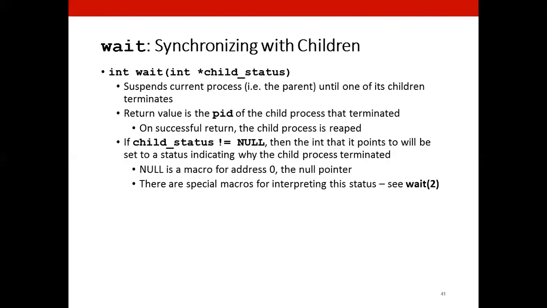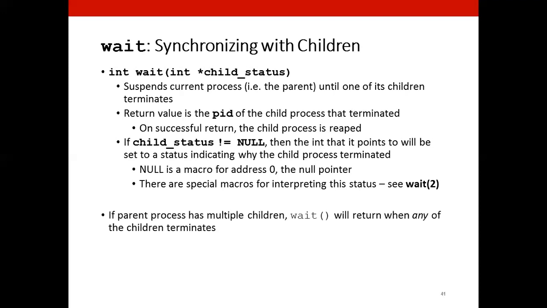When you call wait, it suspends the current process, that is the parent process, until one of its children terminates, and the return value is that of the terminated child, and it will be reaped. If the parent process has multiple children, wait will return when any of the children terminates. The waitpid can be used to wait on a specific child process, okay?